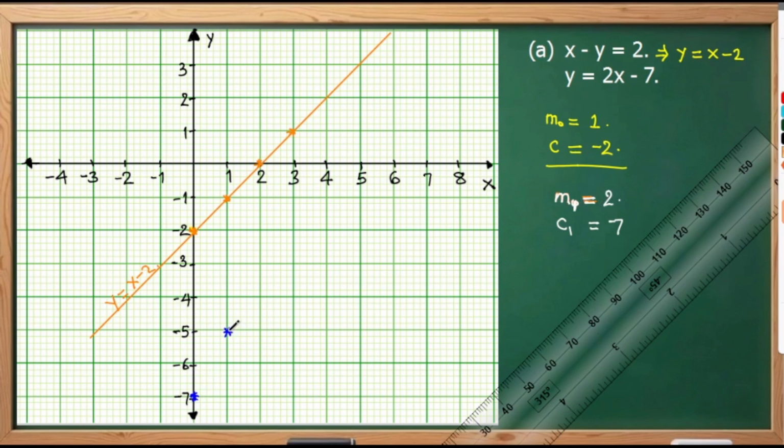So rise 2, run 1, we are here. Rise 2, run 1, rise 2, run 1. Let's plot one more step, rise 2, run 1.